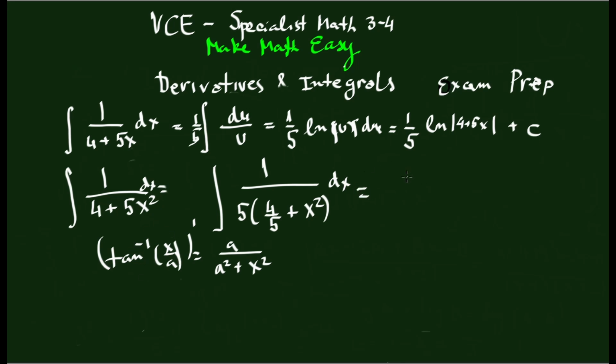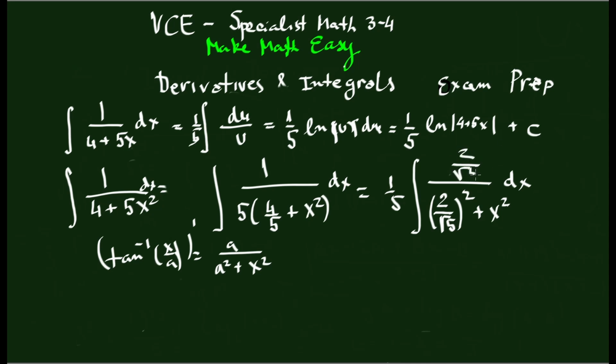So what we want to know, we need to write this as a square of something, so that becomes 1/5 integral of 1, and that's square root of 4, which is 2, square root of 4 by square root of 5, so it's 2 divided by square root of 5 to the power of 2 times x squared dx, and that's not yet, because instead of this 1 we need to have this a, so instead of 1 we get 2 divided by square root of 5, but then you need to know that with the opposite in front, so you get square root of 5 divided by 2.